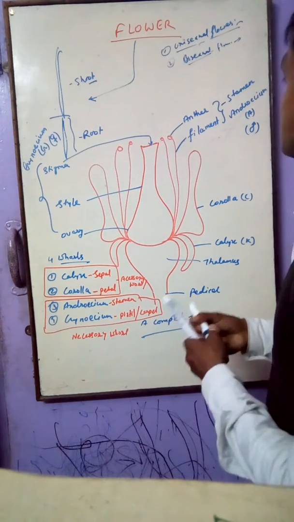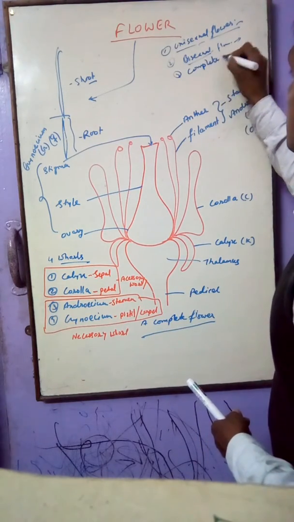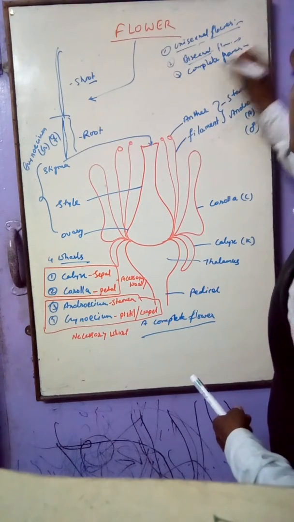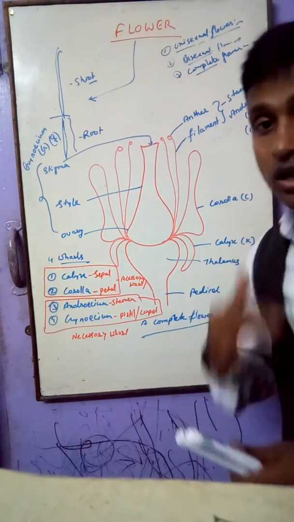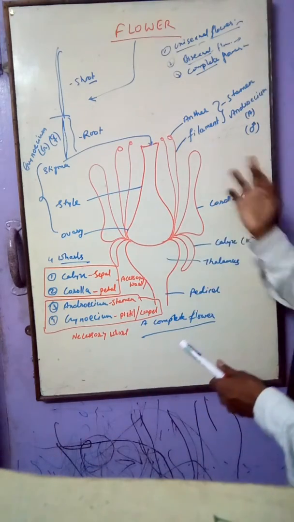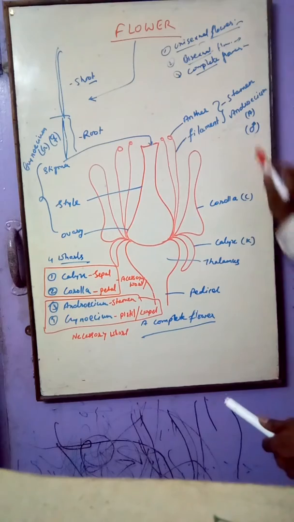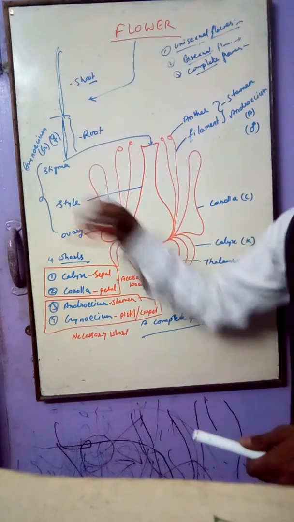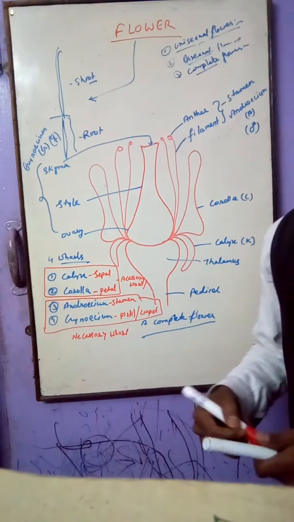The third thing is the complete flower. A complete flower means a flower having all the whorls, that is K, C, A and G. This kind of flower is known as a complete flower.